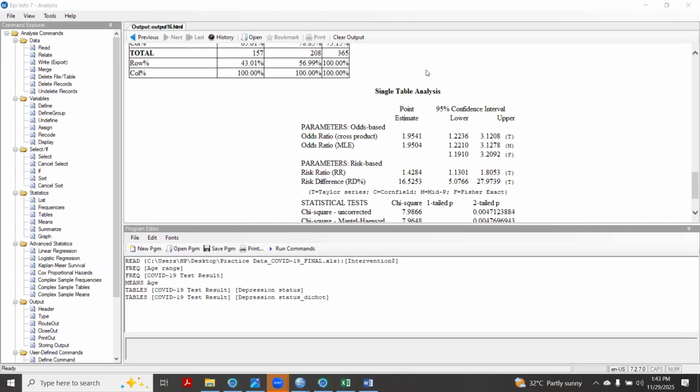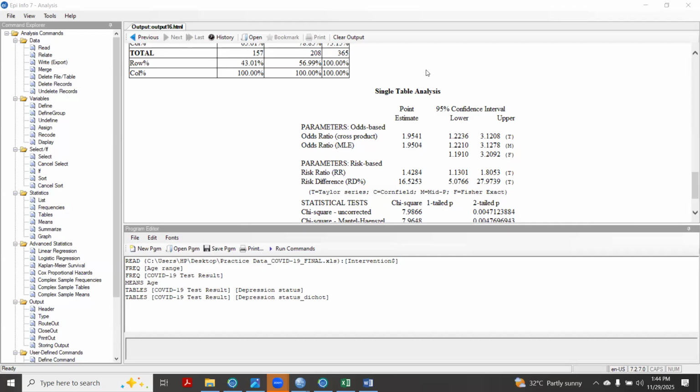It's a beneficial study. You are exposing participants to a drug or something, and you are following them over time to see whether they will be better. While in a cohort study, you're exposing them to something that will make them sick. So that is the difference between cohort and randomized. Both of them have follow-up in them, but one is a toxic exposure, while the other one is a beneficial exposure.